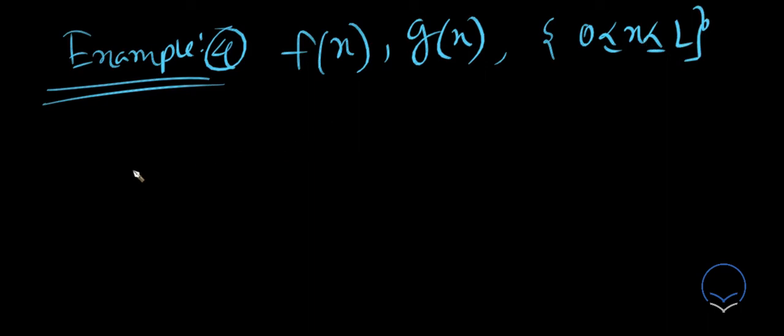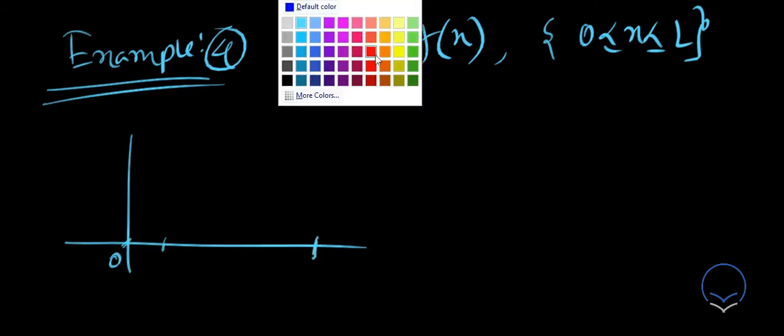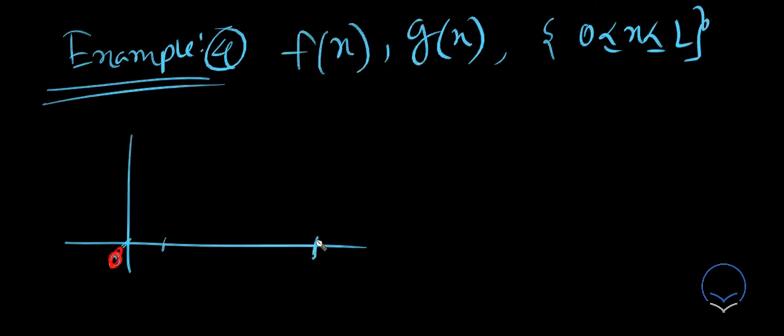This is 0, this is L. And let's take the graph of f of x to be in the green color, let's say like this. This is the graph of f of x.